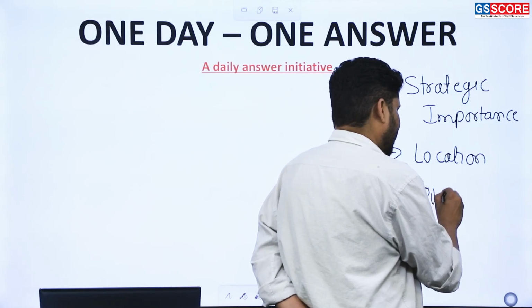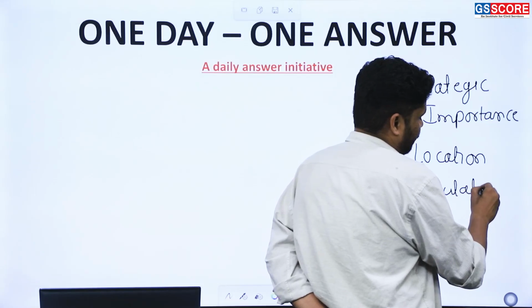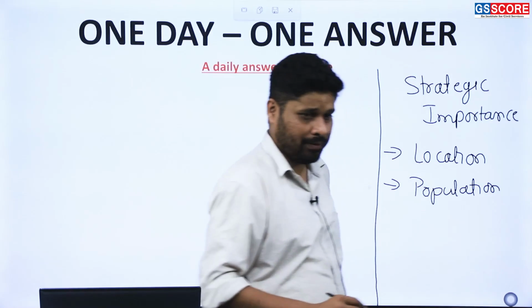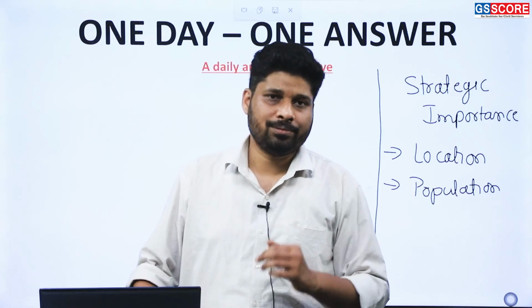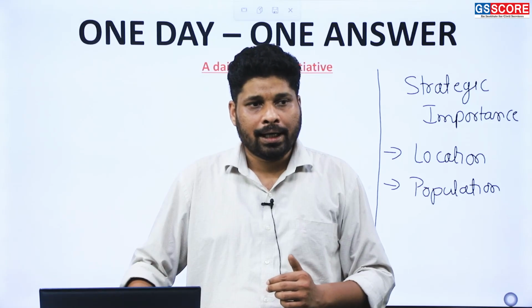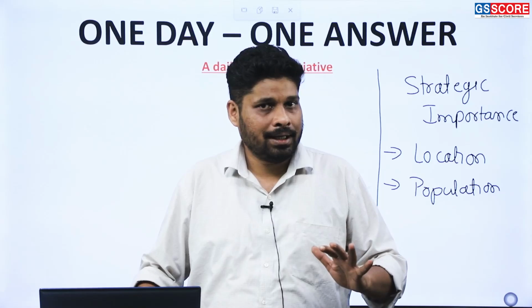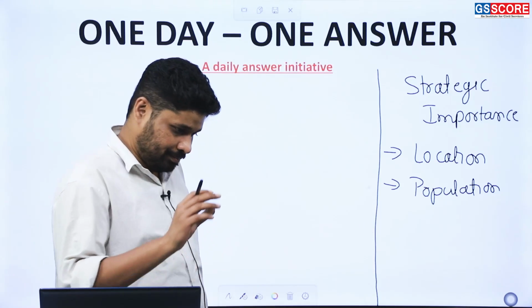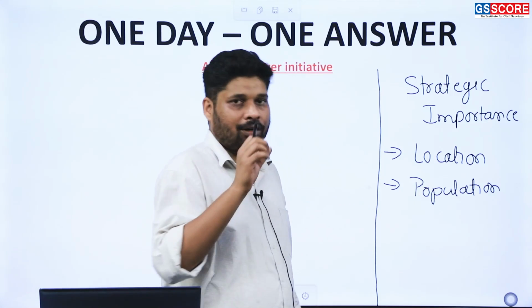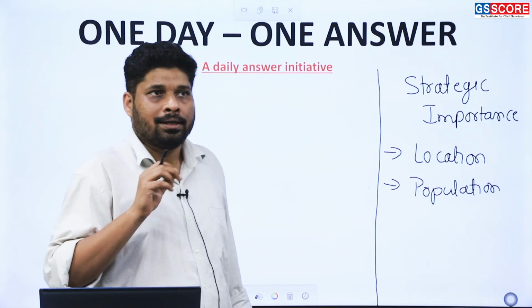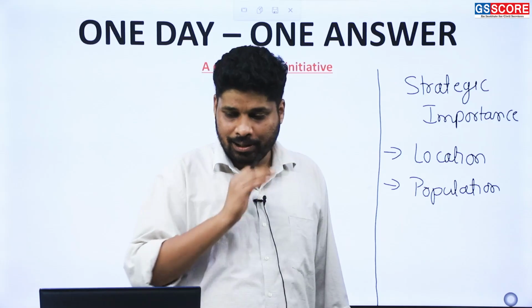For example, maintaining good relations at this point of time with Bangladesh is important. Why? Because protection of minorities becomes important. ठीक है, any harm to minorities in Bangladesh can have ramifications in India, है ना? So that is why importance of that particular country has to be mentioned in your answer.